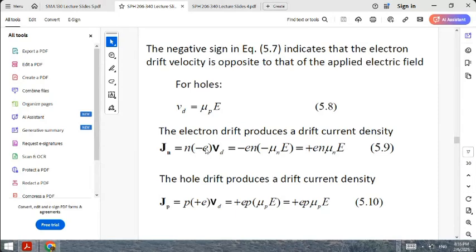Where did we get this negative? We have negative e, and we take out this n and e, then bring in v for electrons.